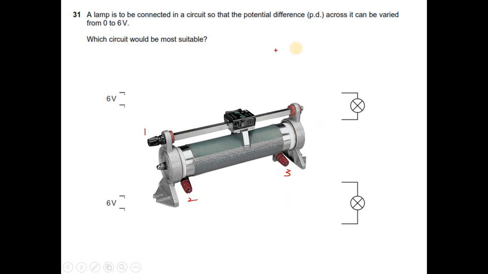If you use terminal 1 and 2, or terminal 1 and 3, connecting these two terminals with the power supply, plus and minus, that means it is connected in series, and this rheostat will behave as a variable resistor, or current controller, we say.